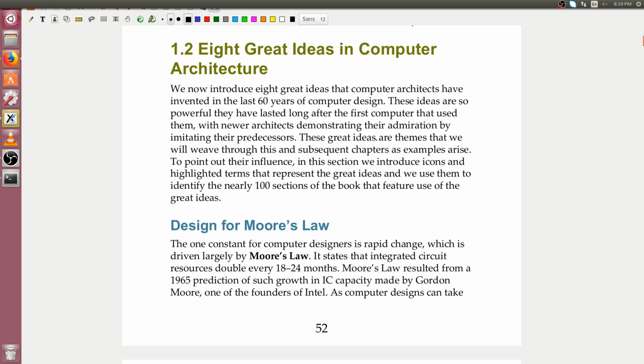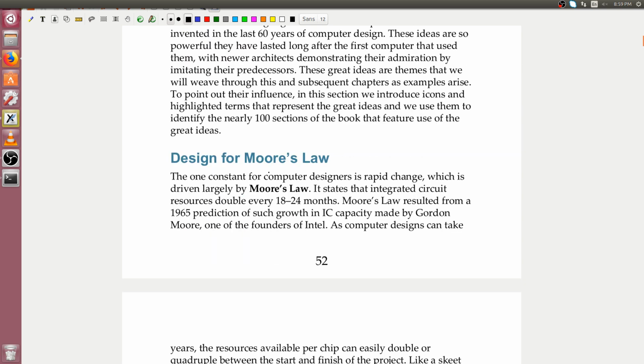These great ideas are themes that we will weave through this and subsequent chapters as examples arise. Okay, so we're going to go over 8 themes, and it's exactly how most computer architects think and what we keep in mind when we look at new ideas. And maybe I'll try to impress this more when I go over something like a research paper.